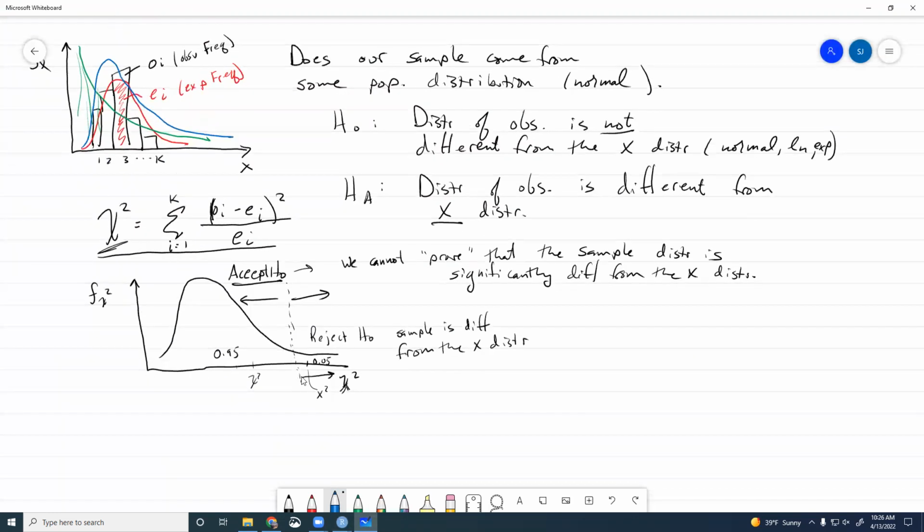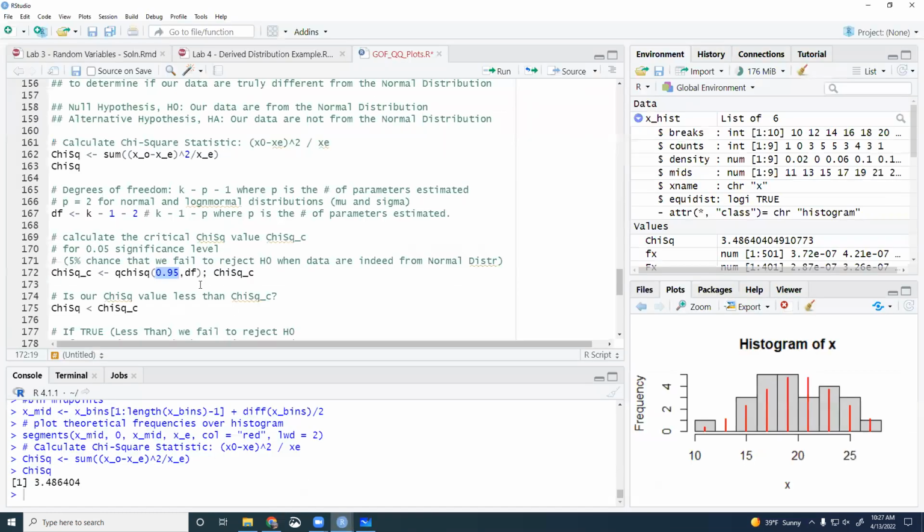This is the critical value that we're calculating based on the degrees of freedom. The value of chi-squared that has a 95% probability of exceedance, or I guess of non-exceedance. And it needs the degrees of freedom. So that's the one parameter that the chi-squared distribution needs. And so this is our critical value.